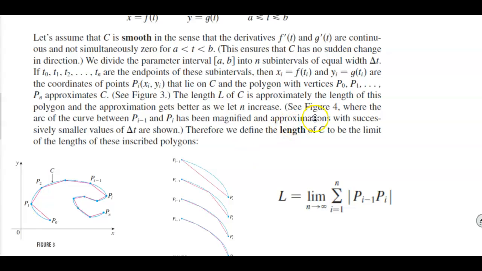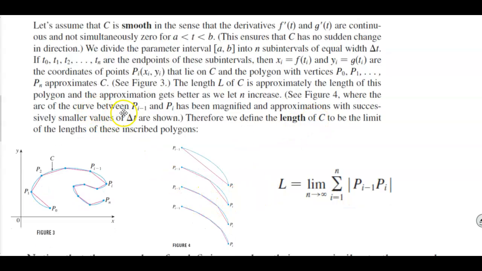Now if we look at figure 4, the arc of the curve between p subscript i minus 1 and p subscript i has been magnified, and approximations with successively smaller values of delta t are shown. So here is the first segment, and then here we create what the polygon looked like, and then we get closer and closer to the curve.